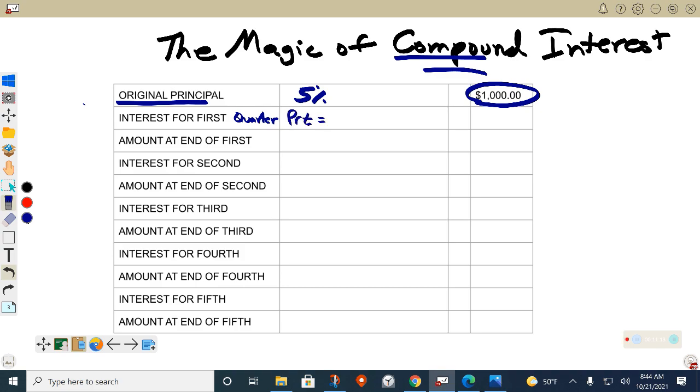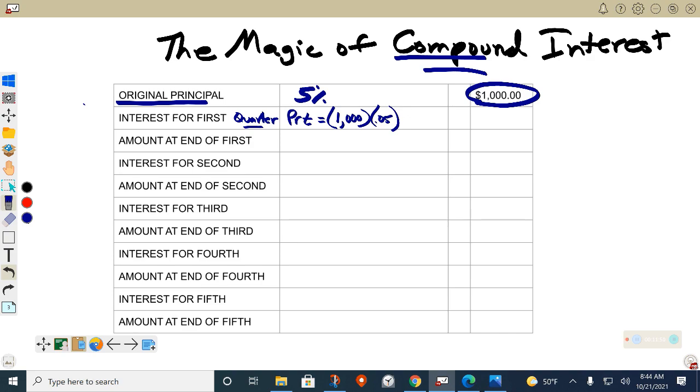So let's do that. So let's see, $1,000. 5%. What's 5% as a pure decimal? Somebody? Don't make me cry right now. Please tell me what 5% is as a decimal. 0.05. You guys are awesome. How do you guys do it without coffee? You guys don't even drink coffee. You got it. First quarter is 3 months. How many years is 3 months? 3/12.